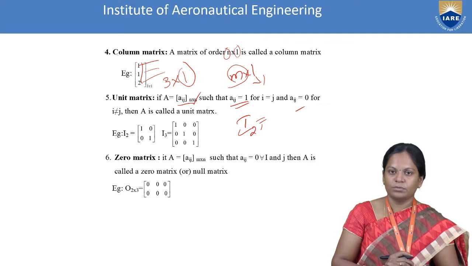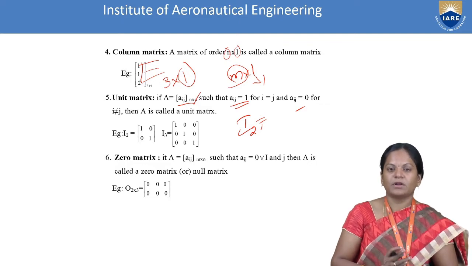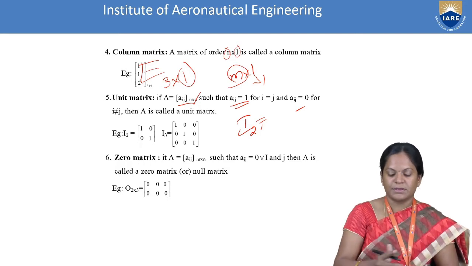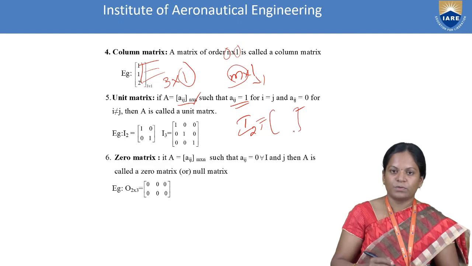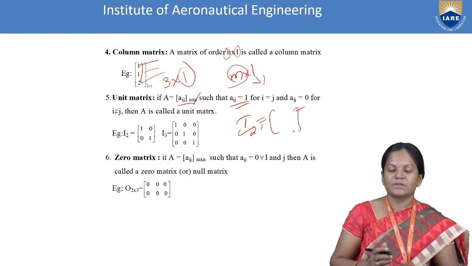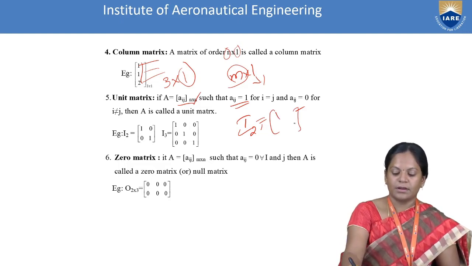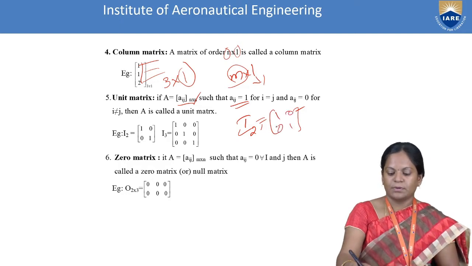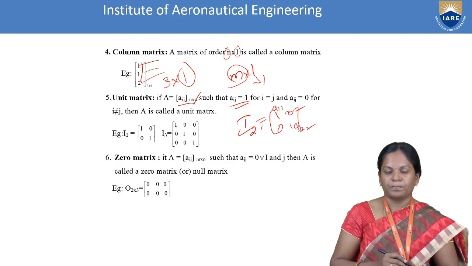Why? I2 is a square matrix, so definitely it has an equal number of rows and columns. I2 is nothing but a 2 by 2 square matrix. In that we place ones and zeros. Where are the ones and where are the zeros? The 1s are on the diagonal and all the remaining elements are zeros. This is A11 and the next one is A22.